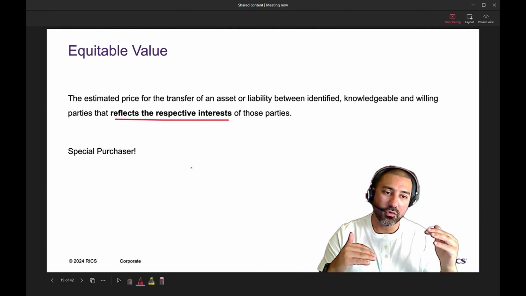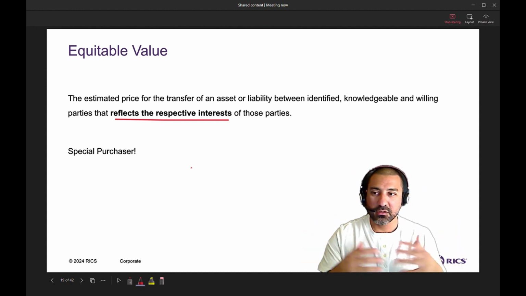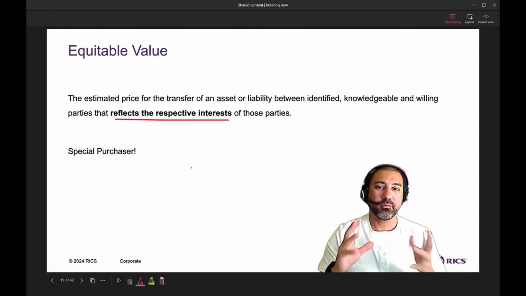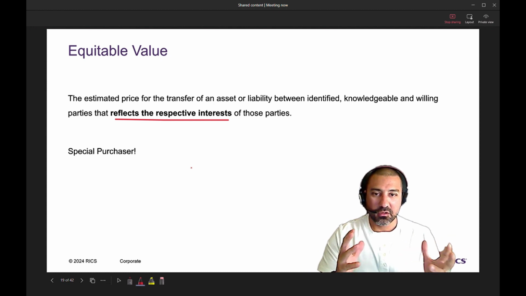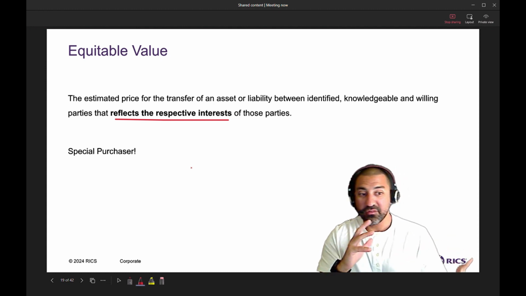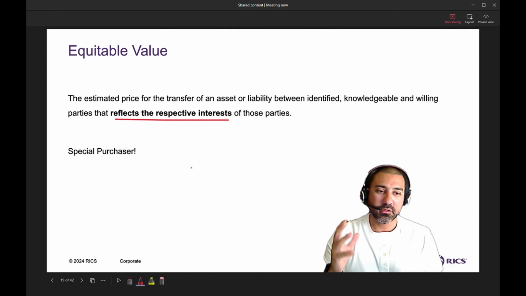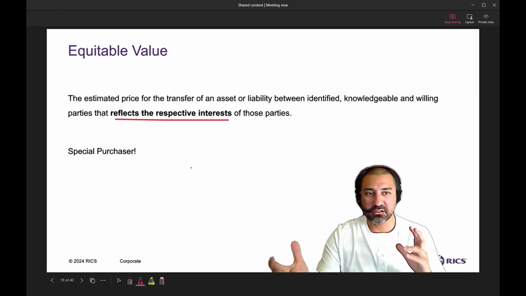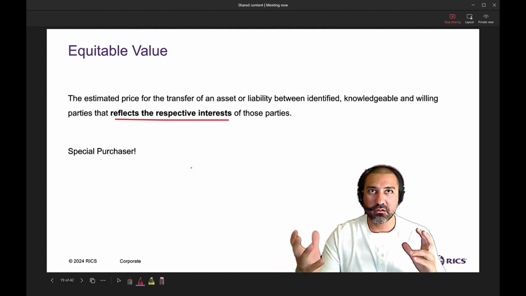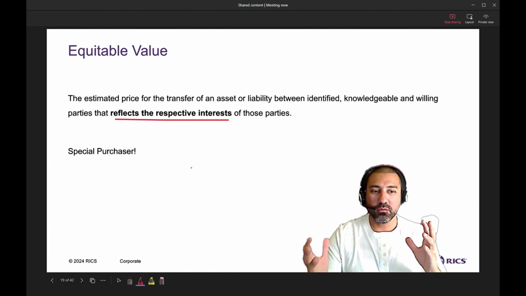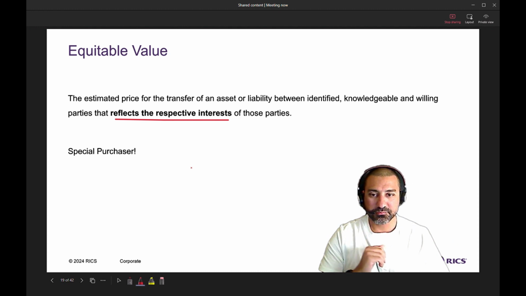If it goes too low, then it's not really a good return. So the equitable value is an example of where the valuer has to understand the context of the relationship between the buyer and the seller, or the lessor and the lessee, to understand where the equilibrium point is and to reflect that respective interest.